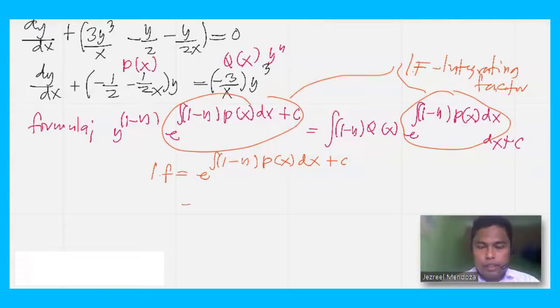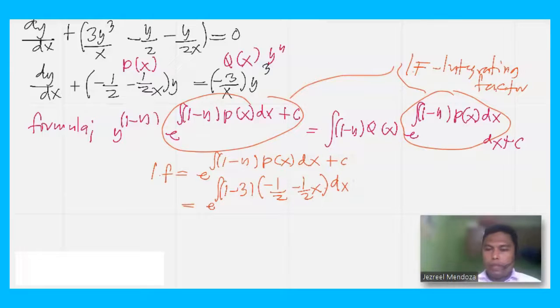Okay. So this one we have e to the integral of (1 minus 3) times our P of x, again this one is negative 1/2 minus 1/2x, dx. Then from that, we can simplify this one.